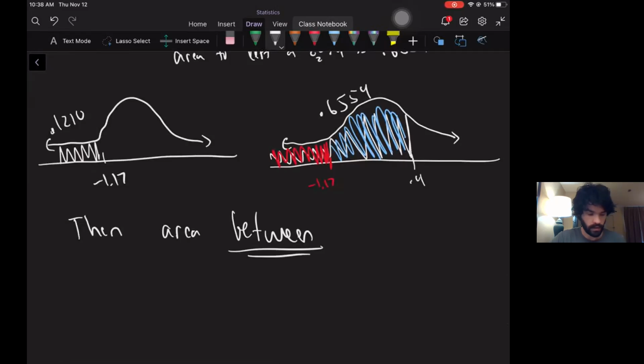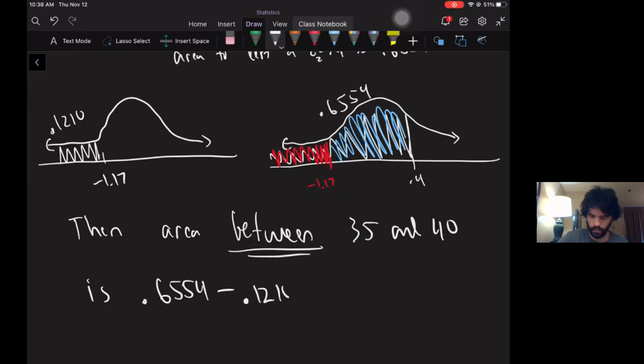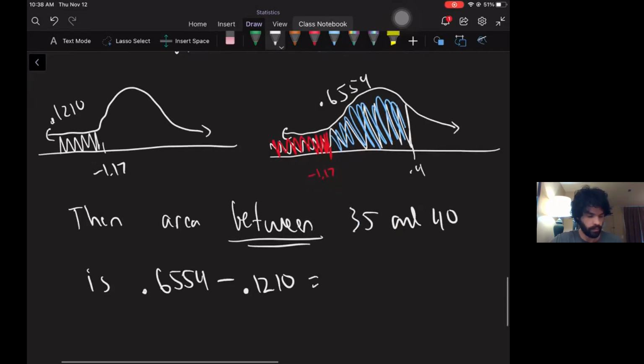Okay, so then the area between 35 and 40, or the two z-scores, it's going to be the bigger area, the big giant one on the right, 0.6554. And then you just take away the smaller area. You'll be left over with the blue area in the middle. So 0.5344.